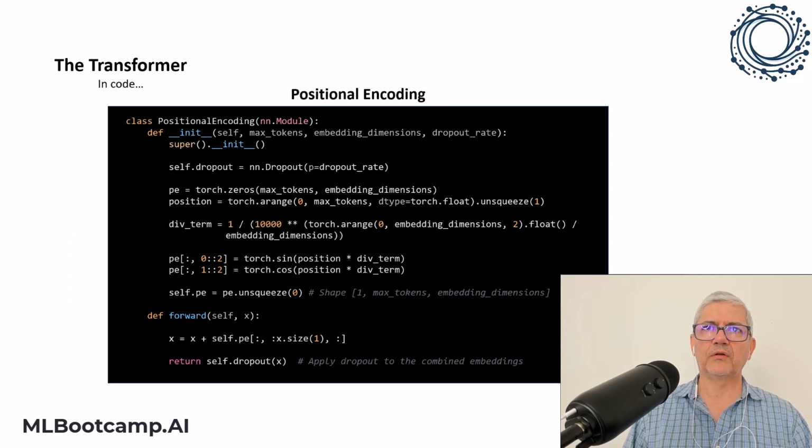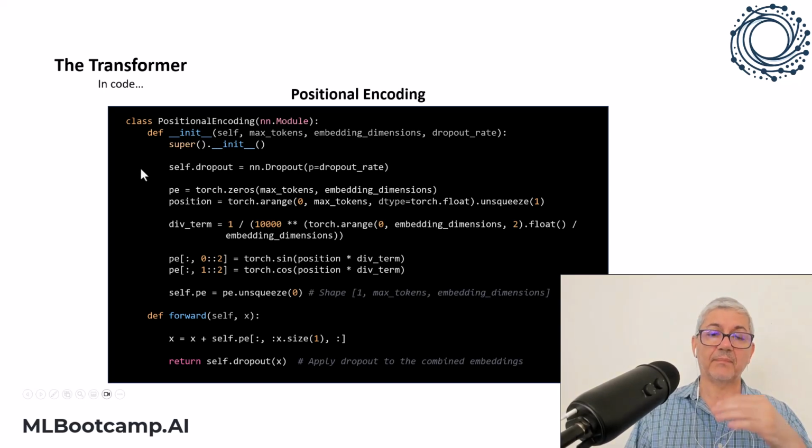Before we move on, let's see how we can implement positional encoding in PyTorch. It's basically a class that we will call PositionalEncoding that inherits from the nn.Module. In the init function, we will pass the maximum number of tokens and the dimension of the embeddings. We can also pass a dropout rate so that we can avoid overfitting.